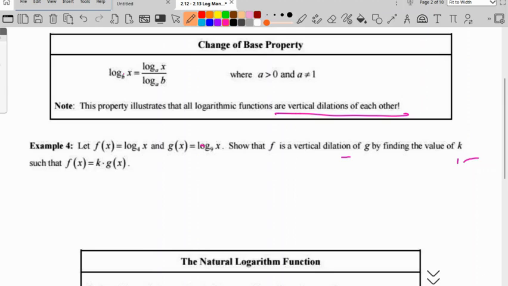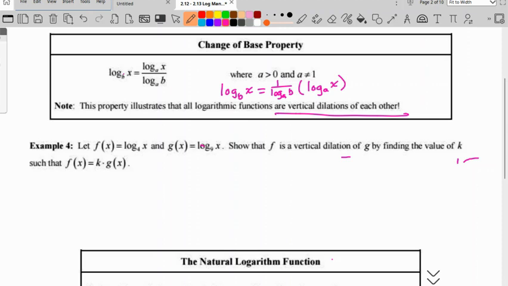So that means that the log base b of x is equal to, if we're looking at this property right now and we bring that out front, 1 over the log base a of b times the log base a of x.